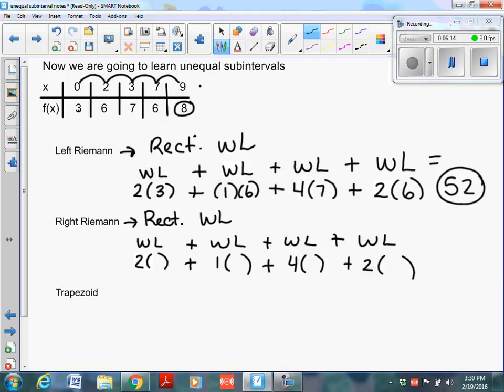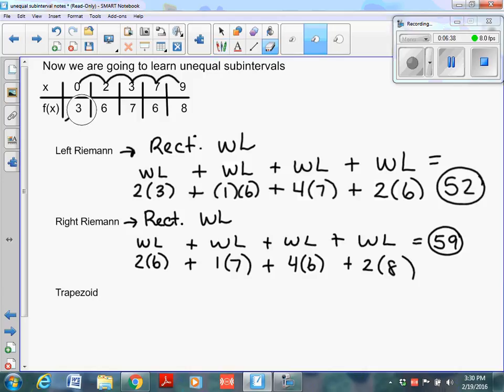Your W's are all the same intervals. But now if you're doing the right, instead of not using the 8, you are not going to use the 3. So you're going to cross off the 3, and the first number would be a 6, the next one would be a 7, the next one would be a 6, and the last one would be an 8, which would give you 59 for your answer.